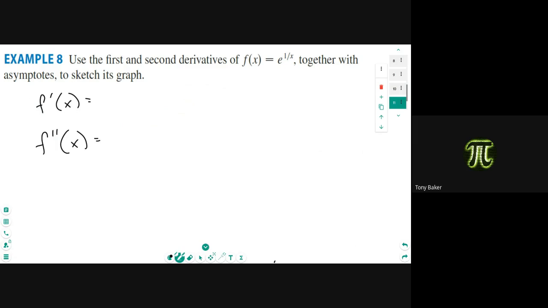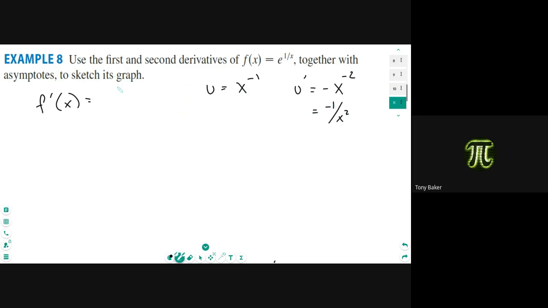All right, let's see. So first derivative. I'm gonna make u 1 over x. So u prime, actually, is -1 over x squared.